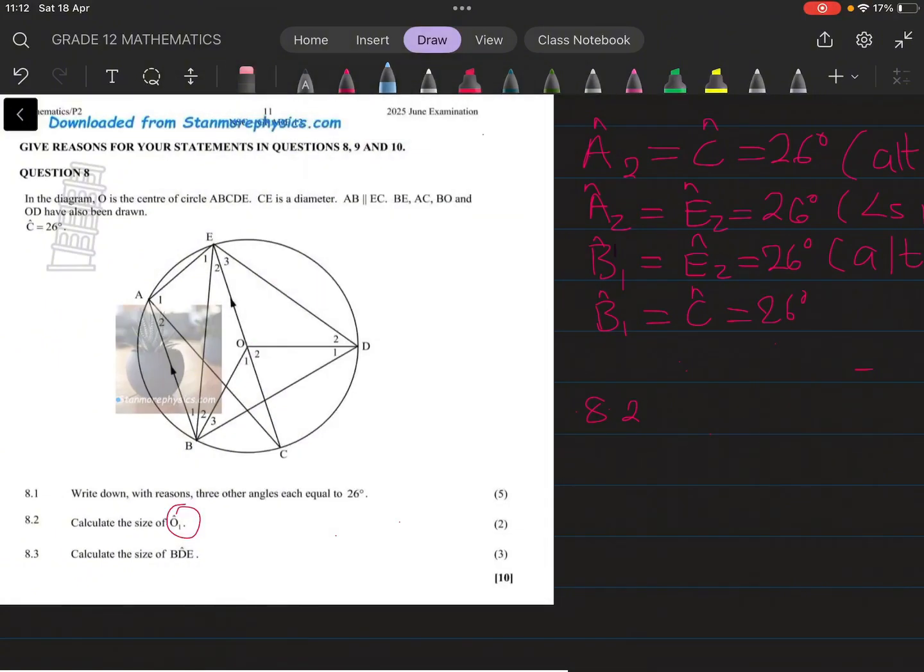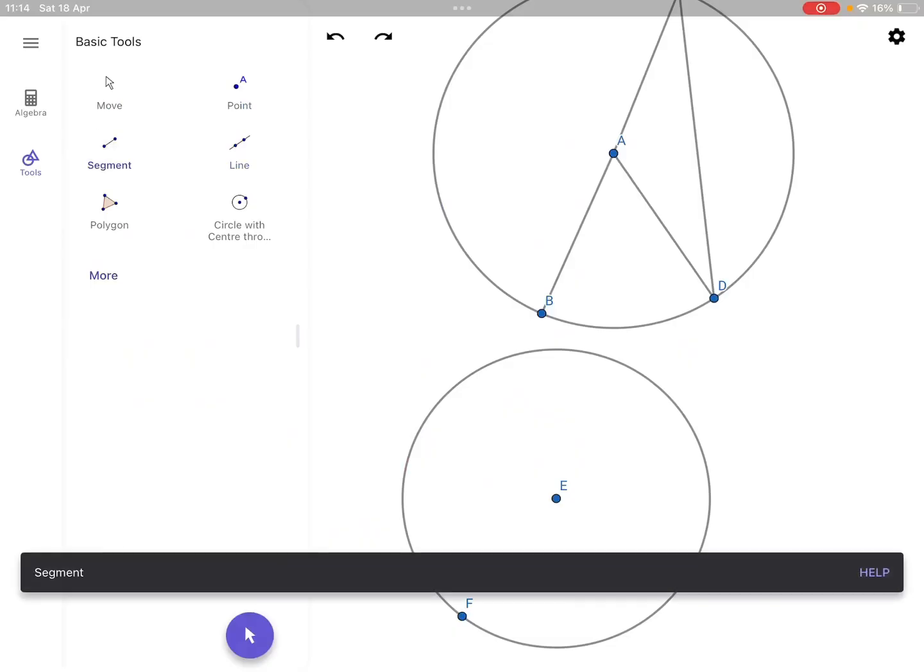If we look at O1 from this perspective, we'll see that angle O1 is twice the angle at the circumference. Or we can look at it from this direction, the angle at the center, which is this. It will be 2 times the angle at the circumference.